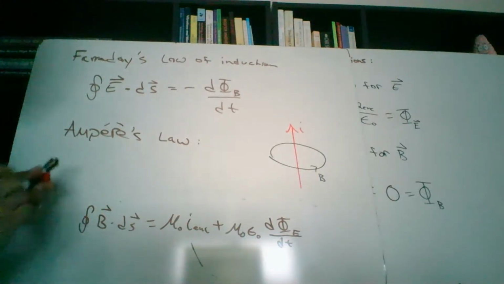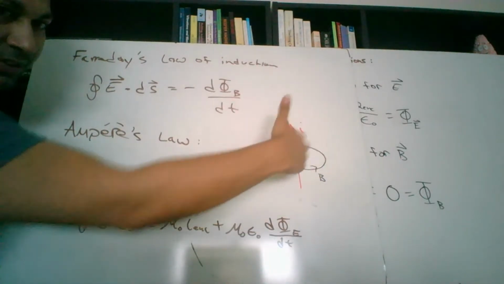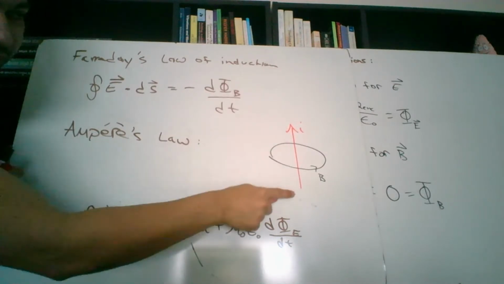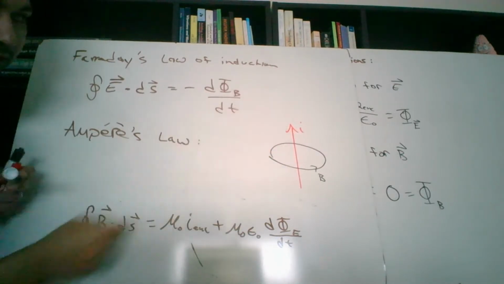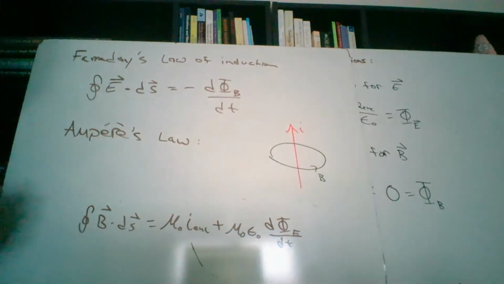Look at this. Current going this way, and you produce a magnetic field. Now the current is actually an electric field. So you have electric field here, electric field here. And moving charges will create a magnetic field.